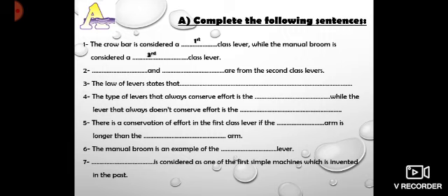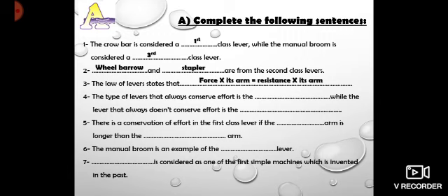I want two examples for the second class levers: the wheelbarrow and the stapler, for example. 3. The law of levers states that, can you remember the law of levers? Force times its arm equals resistance times its arm.